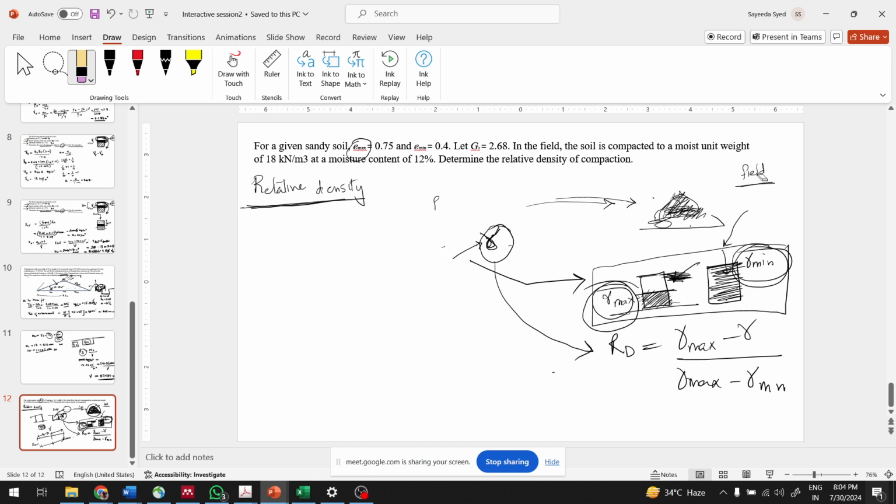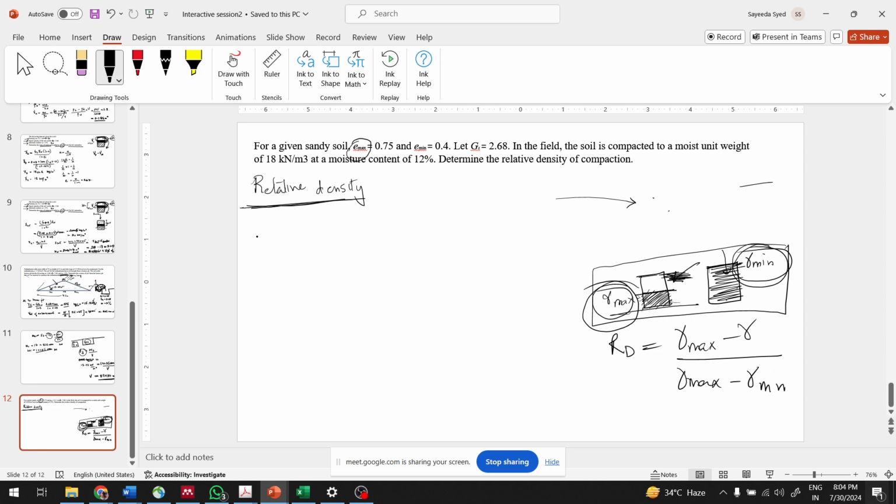Okay, so let's calculate our relative density. Let's do the relative density question. For a given sandy soil, E maximum is 0.75, E minimum is 0.4, GS is 2.68, and gamma is 18.